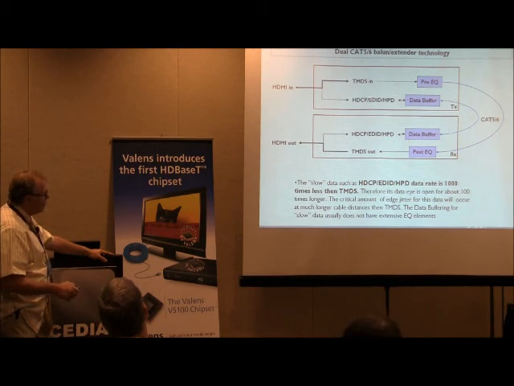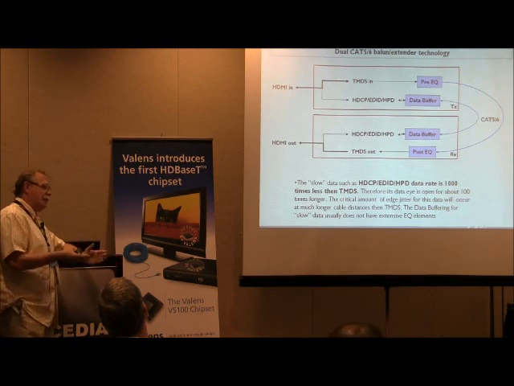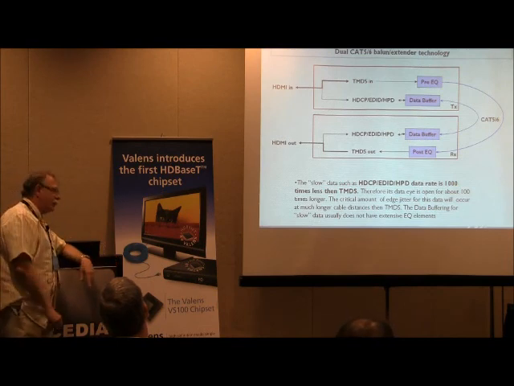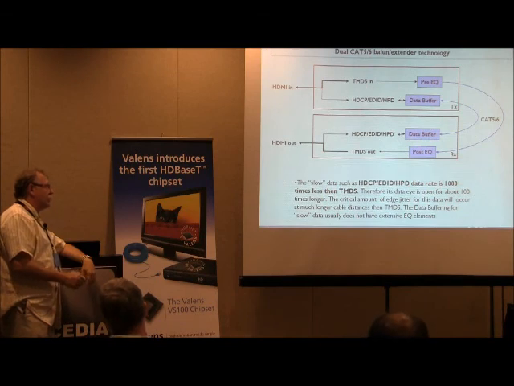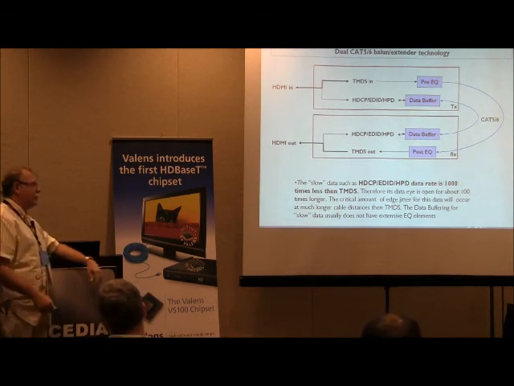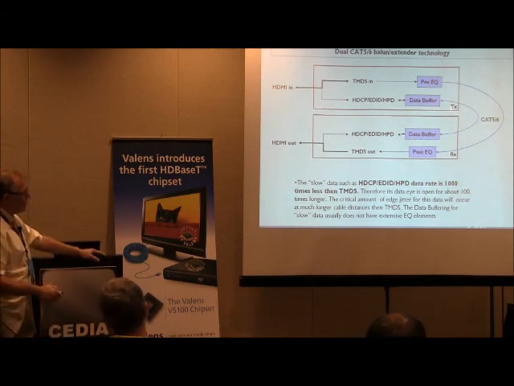Another portion of the data, which is very slow data, HDCP or hot plug, is sent over a second line through basically data buffers, because the speed of that data is so slow that the jitter effect has yet to take effect at distances of 150 or 200 feet. The jitter effects are very small on such slow data, and it can be easily registered at this distance. So the handling of it is simpler.